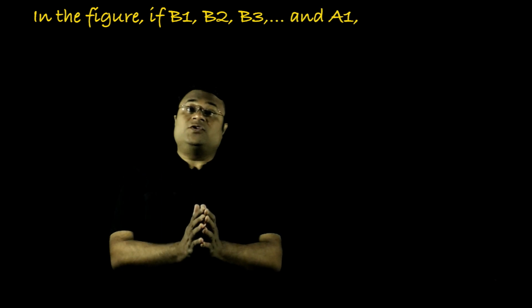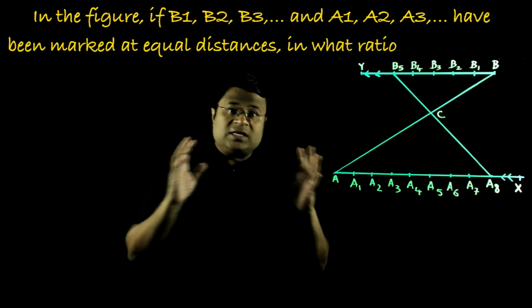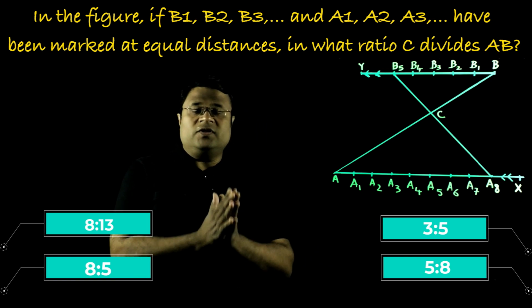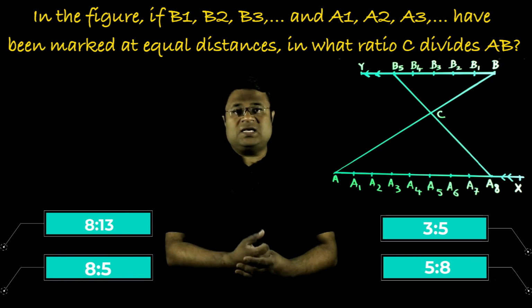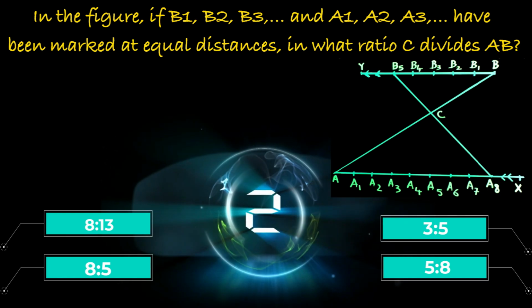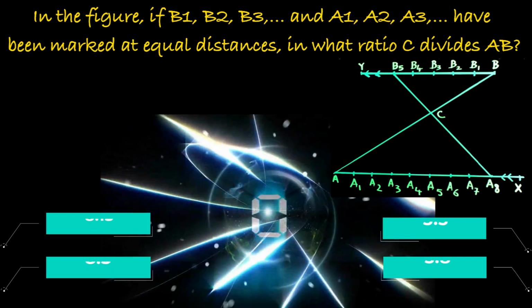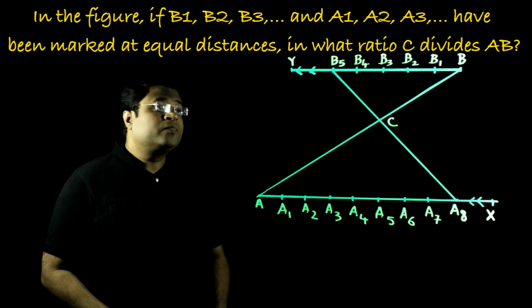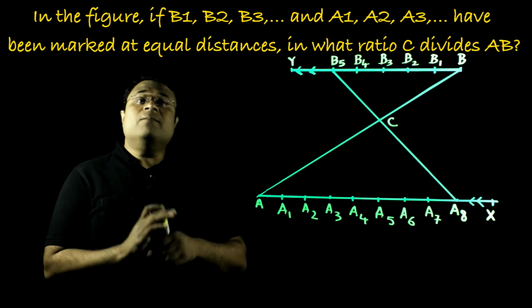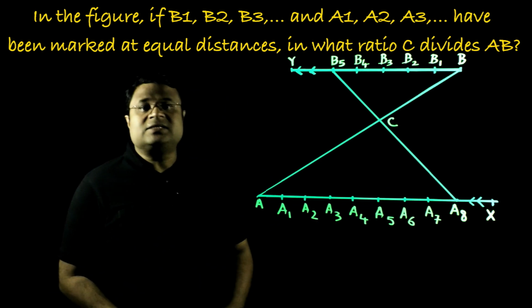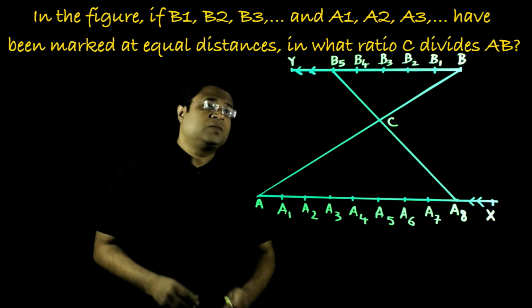The next question which you have here deals with the figure, and you have to give me the ratio of AC is to CB. Okay, let's have a quick look at the figure. In this question, we must assume that the line BY and AX is parallel.